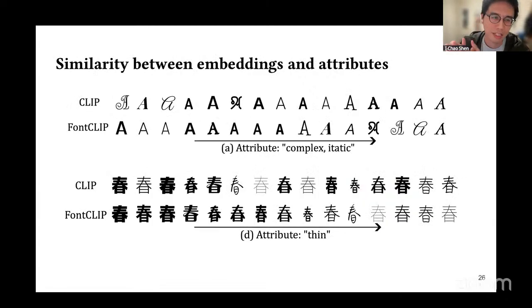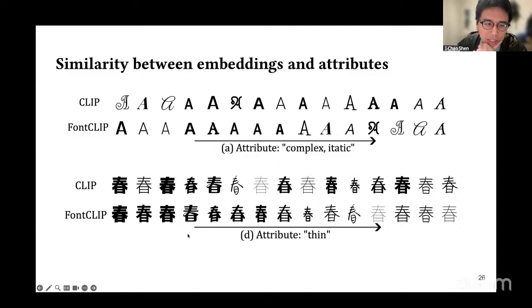Surprisingly, in these two examples, the top example is the previous example of this complex italic font. We realized that after you fine-tune the embedding space using domain-specific data, the FontCLIP embedding space tries to learn this typography concept better than the original CLIP.